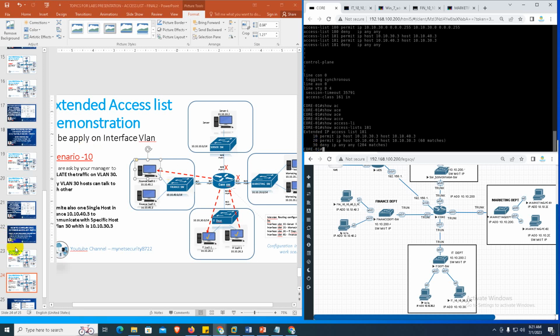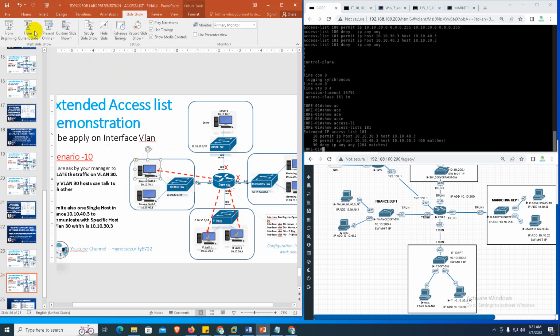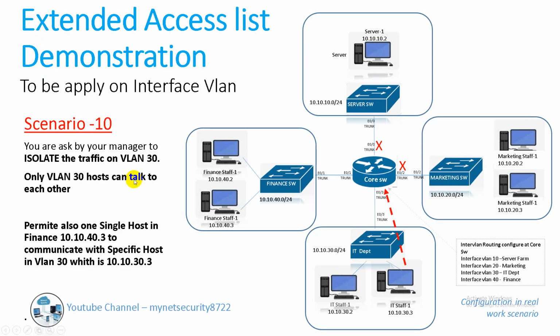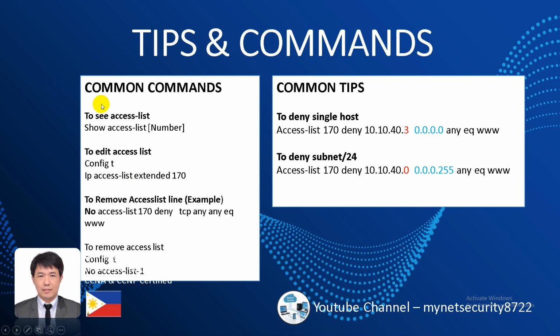Okay, and then lastly, these are for the final slide. I just wrote some common commands that I am using. Show access list. To edit it, you have to follow like this.